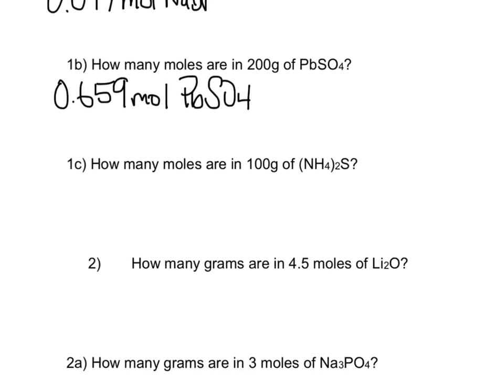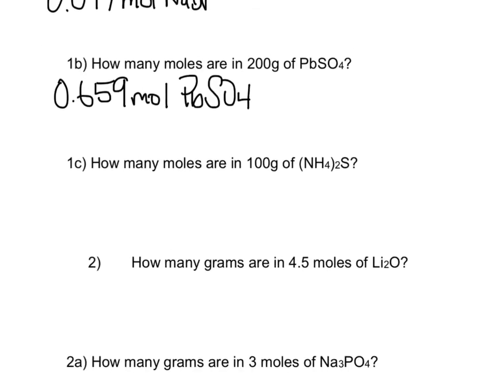And for 1C, I got 1.47 moles of, and this looks like ammonium sulfate. Okay, so solve those through, check your answers, go back and look at the first example if you're not getting it, or ask me questions.